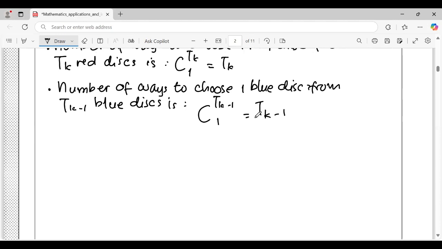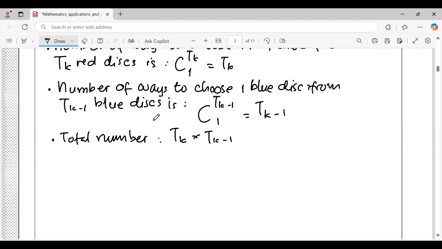So the total number of favorable outcomes, 1 red and 1 blue, is this combination multiplied by this combination, Tk times Tk minus 1. And the probability is the ratio of favorable outcomes.